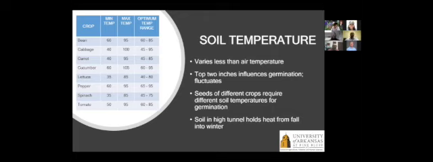So even though the soil temperature varies less than the air temperature, the top 2 inches of that soil is what influences germination, and its temperature within that zone fluctuates a lot. So the best thing to do, if you can get hold of a soil thermometer, is keep it there and monitor the temperature in that zone.